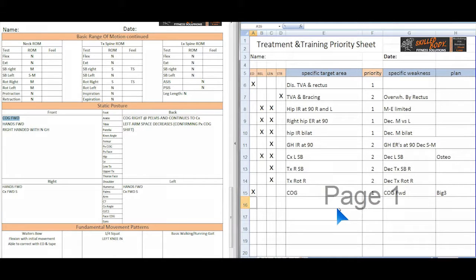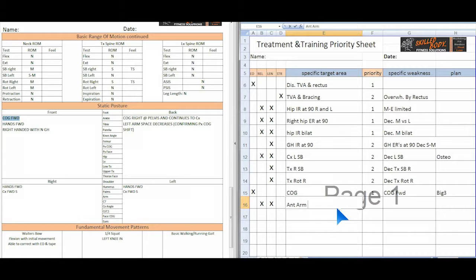The hands forward, to me, is coming from the elbow and shoulder slide. So the anterior sling for his arm, across the chest, through into the arm, through the bicep and forearm, is too tight. So what I'm going to write there is to release primarily, and maybe give him some lengthening stuff, but I'll probably spend more time releasing it.